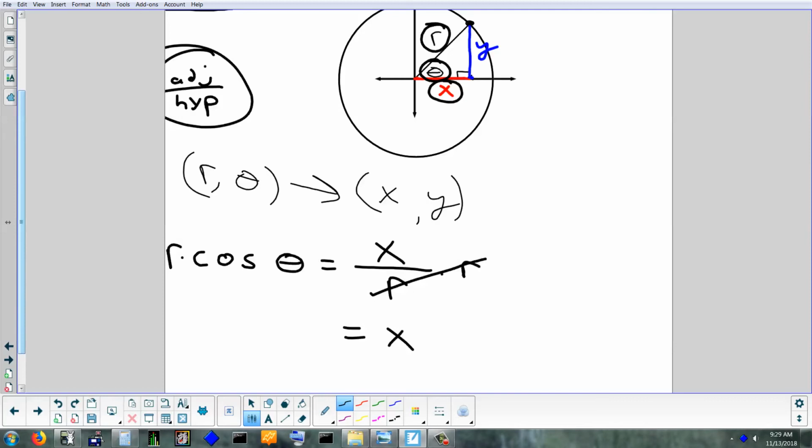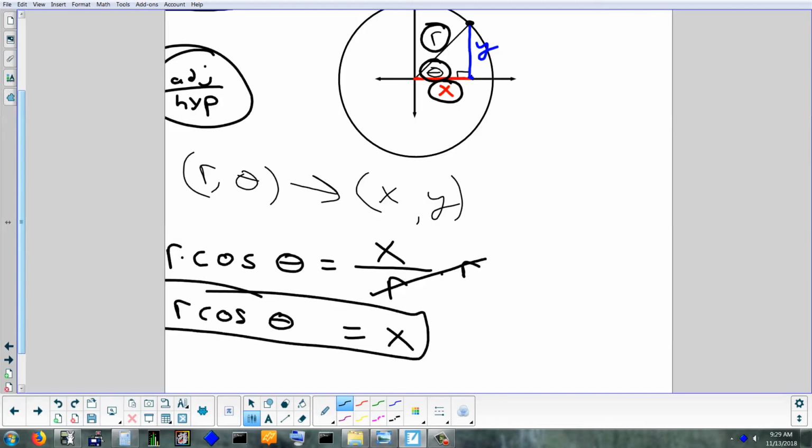So now all you have on the right-hand side is x. And on the left, you have a formula that will give you x. So if you want to know x, you take the cosine of the angle they give you and you multiply it by r. That's how you would convert polar to the x value in rectangular.